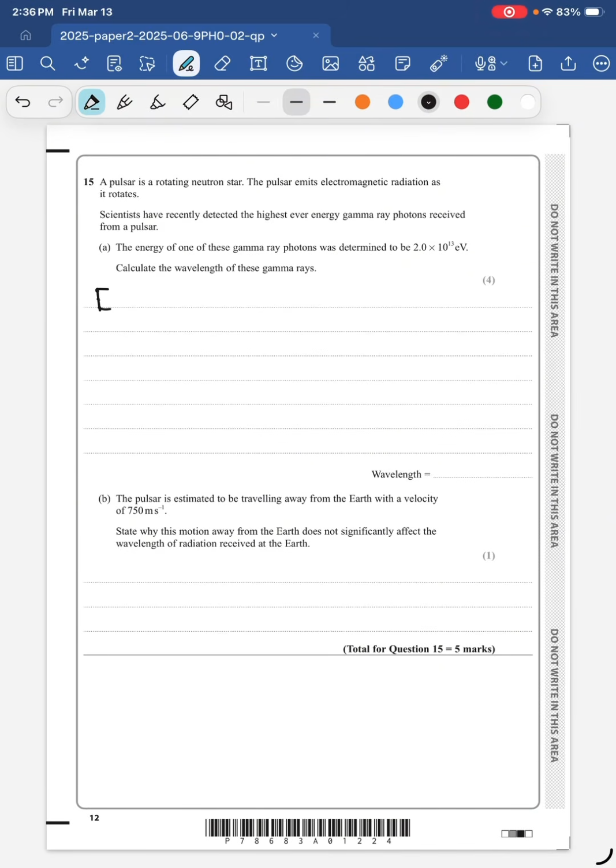Okay, again, the energy of any electromagnetic radiation is hc over lambda, right? So lambda is hc over the energy. So let's plug in numbers. 6.63 times 10 to the negative 34 times 3 times 10 to the 8 over the energy, which we will convert to joules.